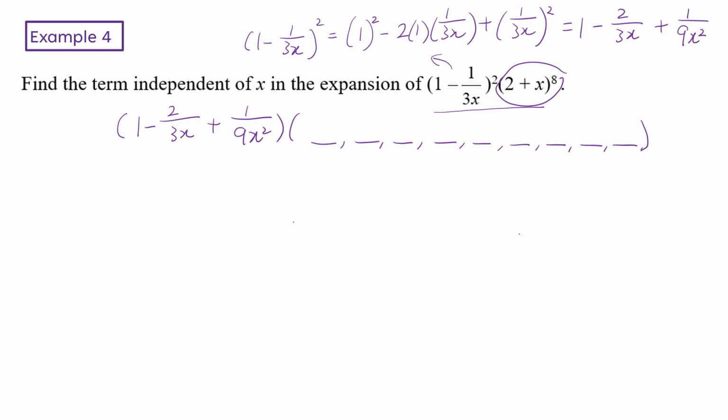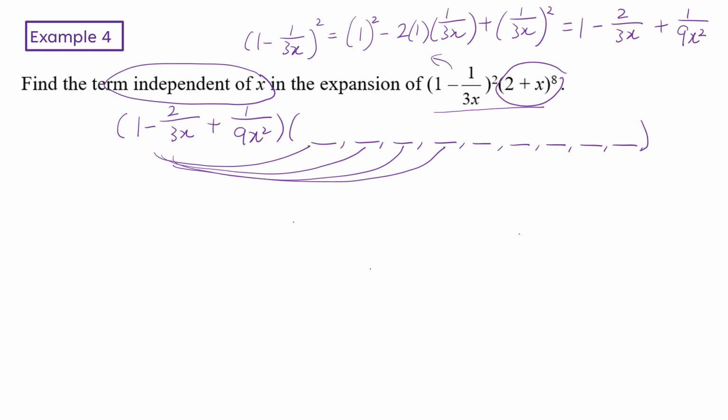If you were to do the expansion diligently, which I will not advise you to do, one of the terms is what we're interested in, the x to the power of 0 term. This is what it means.